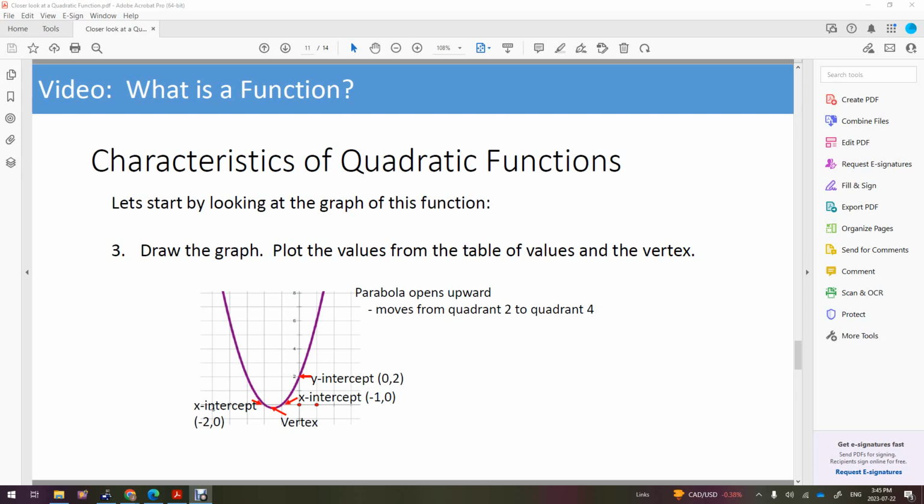And we can identify the other x-intercept at negative 2, 0. And we can identify the vertex. Then we can see that it opens upward because the value of x squared is positive, and it went from quadrant 2 to quadrant 1.